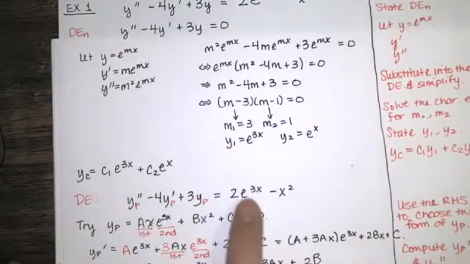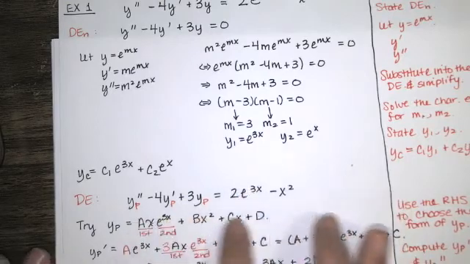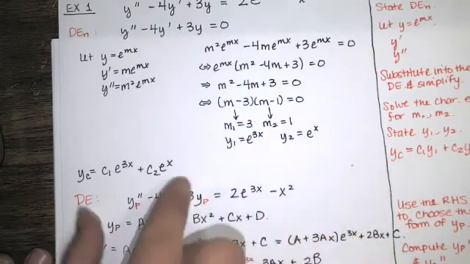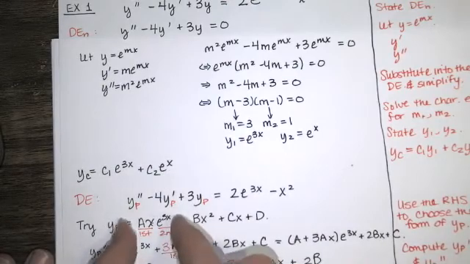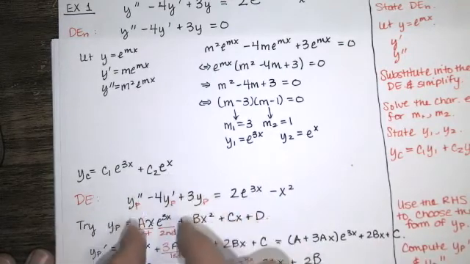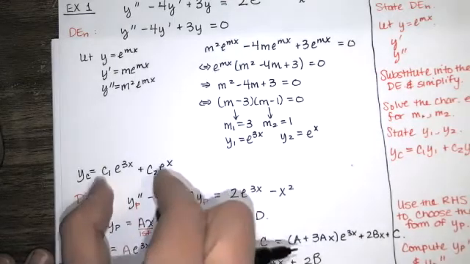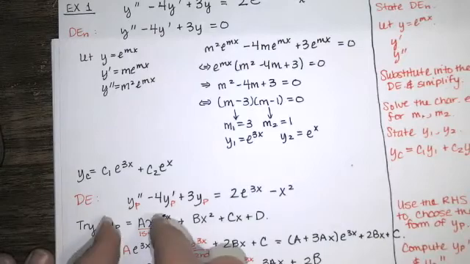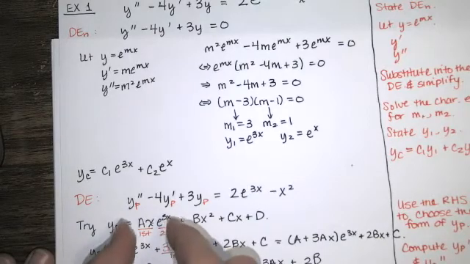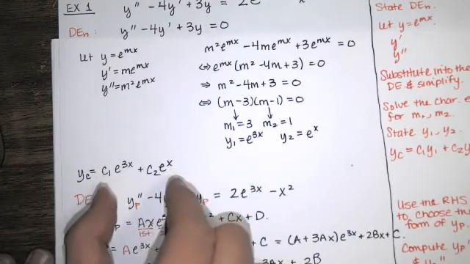Remember, you guess based on the form of the right-hand side. And then if any term in the guess is part of y sub c, you multiply that term by as many x's as necessary, so that it is no longer a solution to the corresponding homogeneous equation, or alternatively, so that the term is not a part of y sub c.